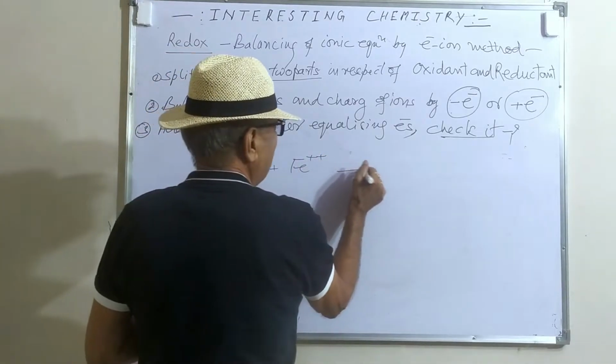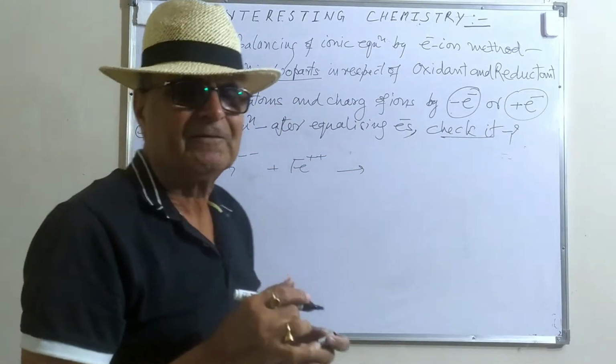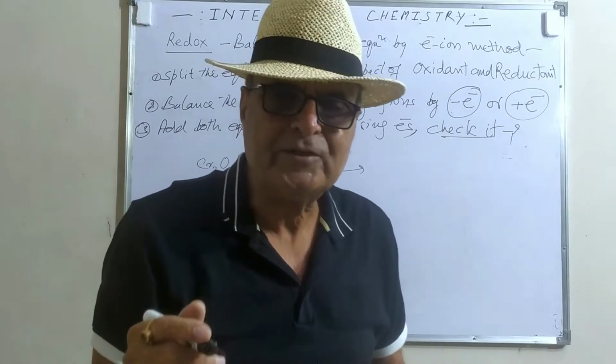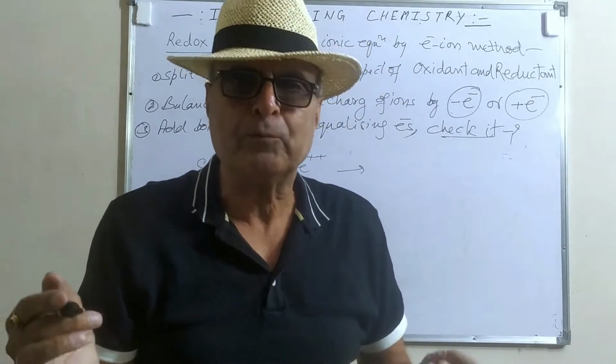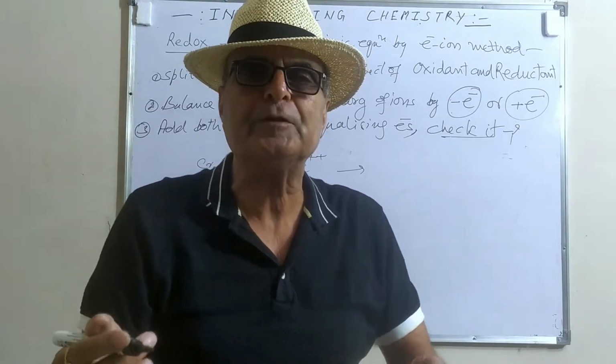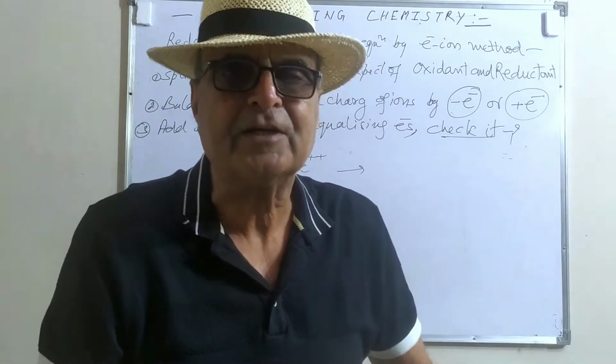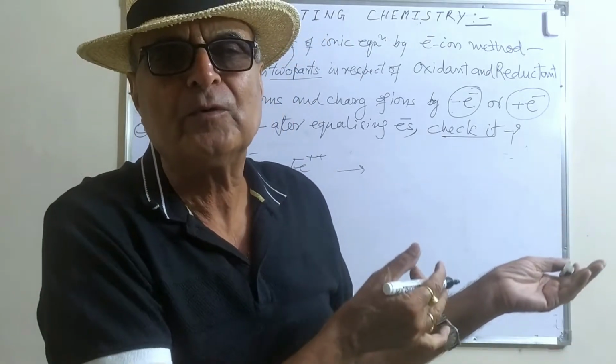These equations are in your titration. Whenever you do any titration, ferrous ammonium sulfate with potassium dichromate, ferrous ammonium sulfate with potassium permanganate, these are the equations of your titration.